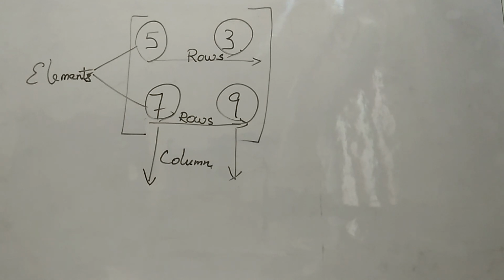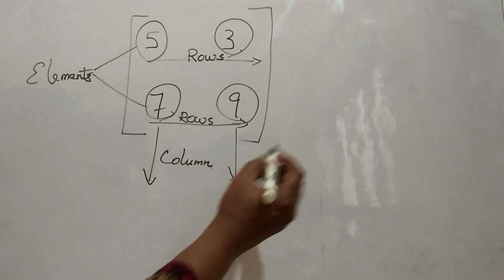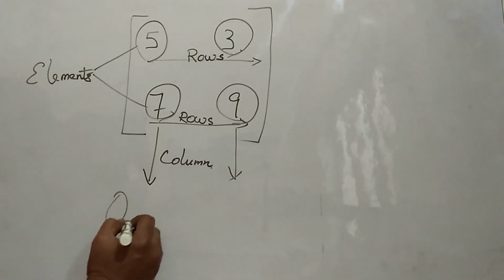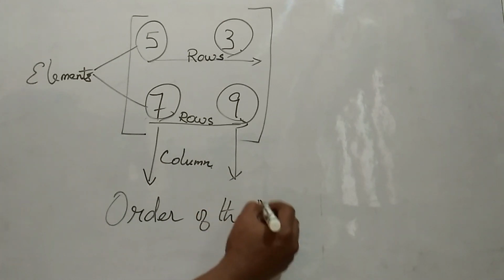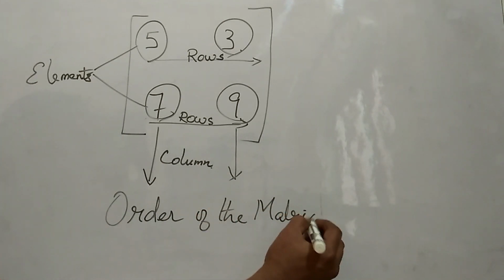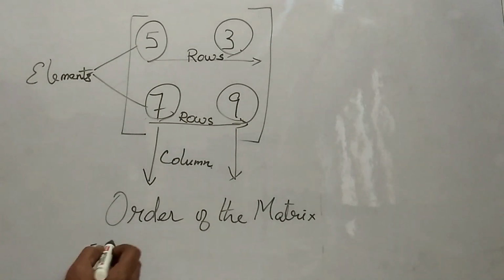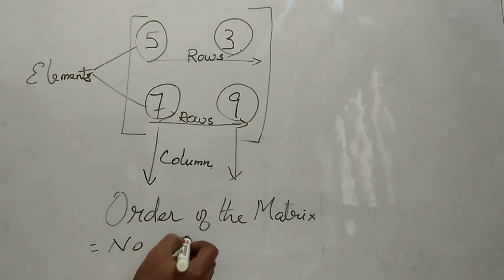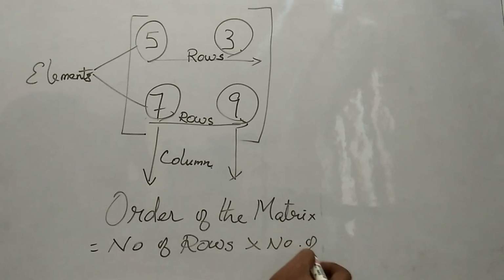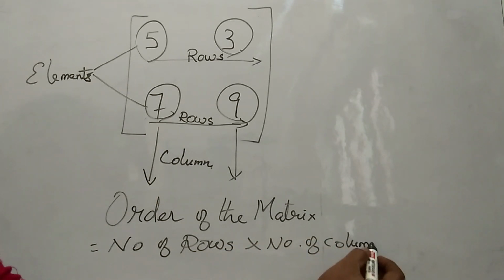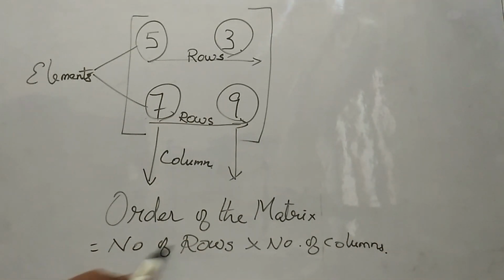Order of the matrix. The second part is the order of the matrix. Order of the matrix is the number of rows by the number of columns.